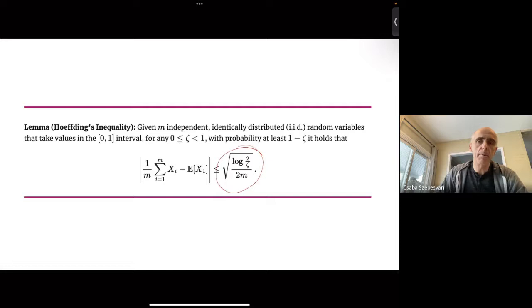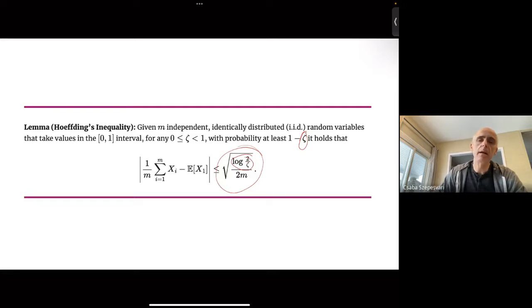So that's like the 1 over m, and this is under the square root. And there is also a price to be paid if you want a higher confidence. So zeta here is the error probability. As zeta goes to 0, log 1 over zeta, which appears here, blows up, but is a very, very mild dependence.